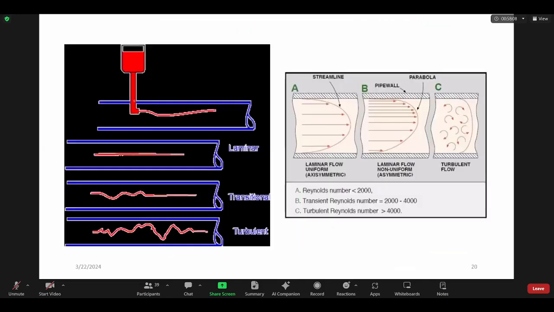You can see in this figure, this is the laminar flow, going in a very straight way, and this is the transient flow. It starts straight, but after that it moves in different directions, then again it will be straight.